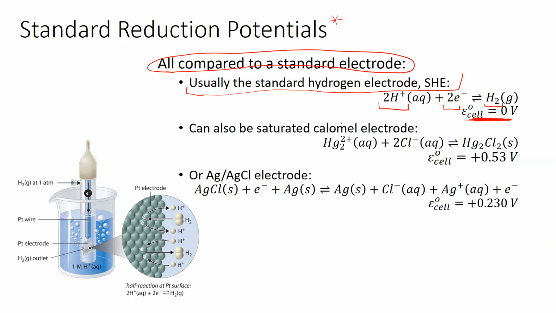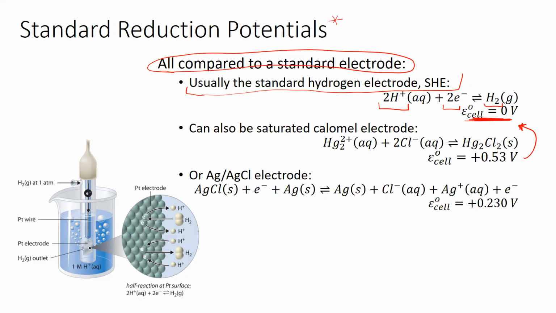Now, there are other half cells that could be used. Other common ones that have been used over time are something called the saturated calomel electrode, which is a mercury and chloride based electrode, which has a different potential compared to the hydrogen electrode, and different procedures would call for different things.